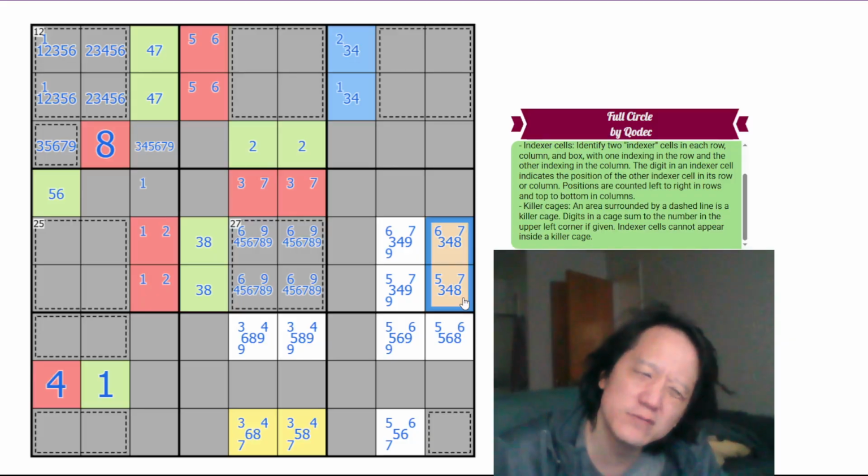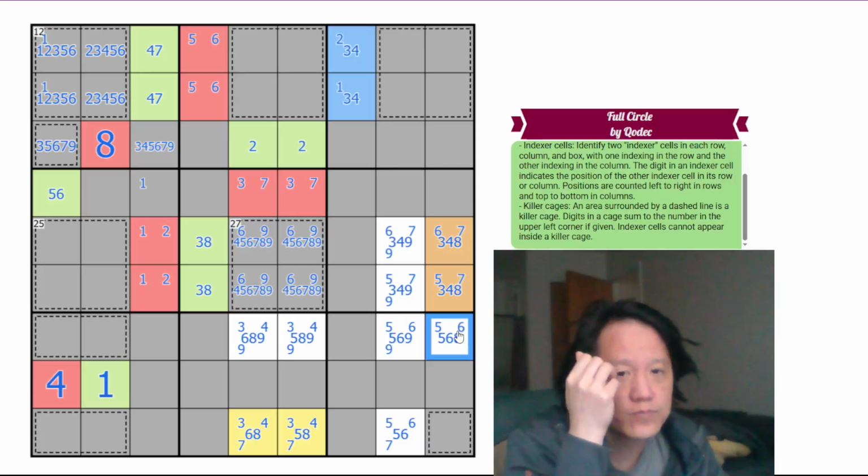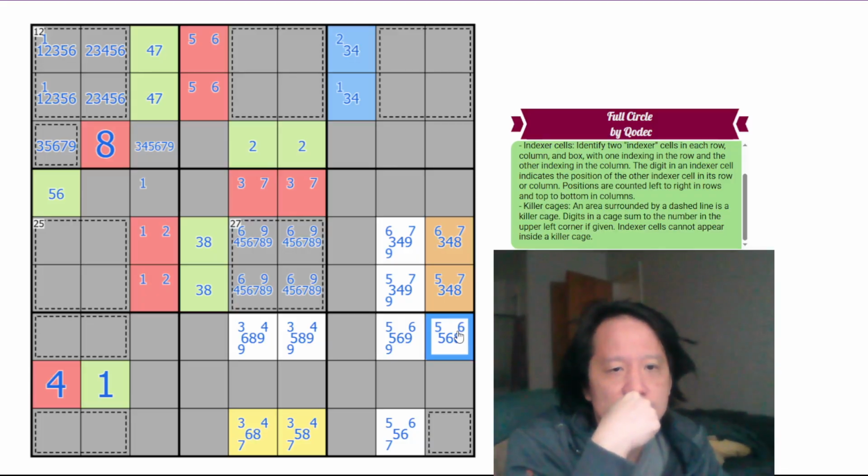I guess so. So if it's here or here, that means it's here or here, which would mean this is an indexer.